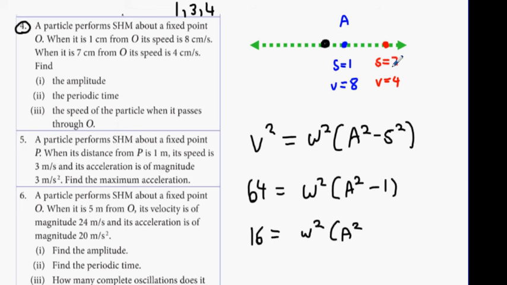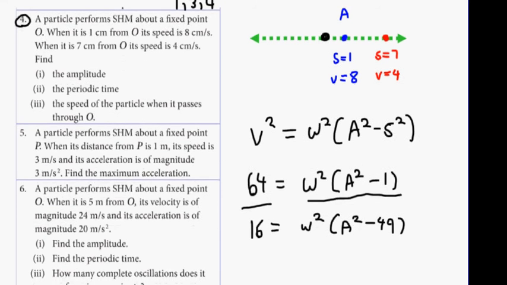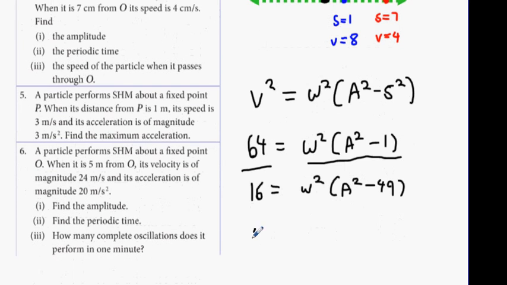Now, there's a really, really easy way of doing this, and you're going to find you're going to do this trick a lot. Just going to divide them, top by bottom. So 64 divided by 16, 4. Omega squared divided by omega squared, no need to worry about that. A squared minus 1 over A squared minus 49.